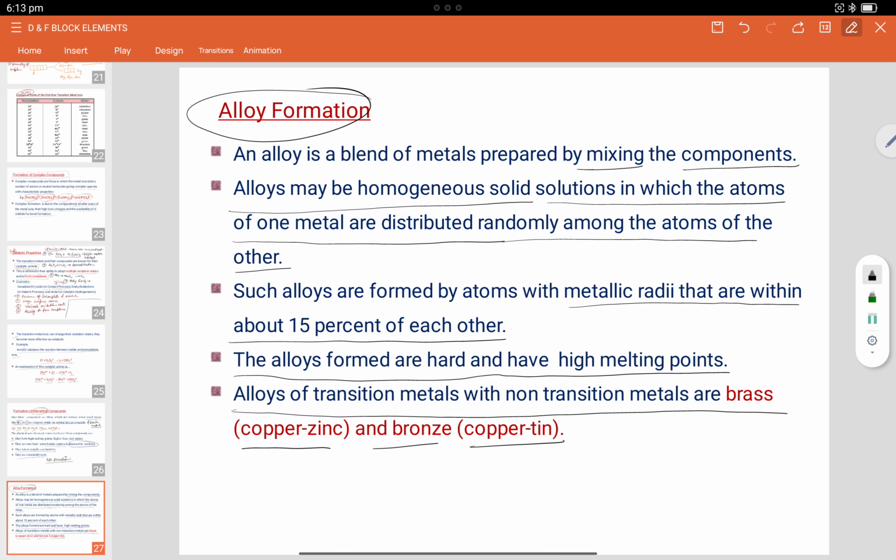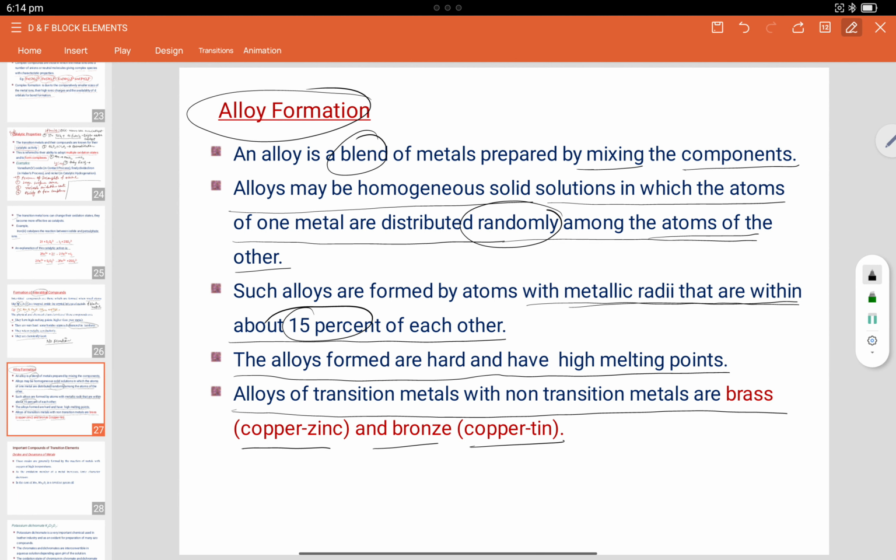Basically, you can say what is written here, check it once.